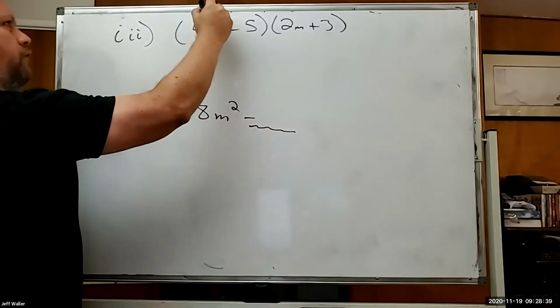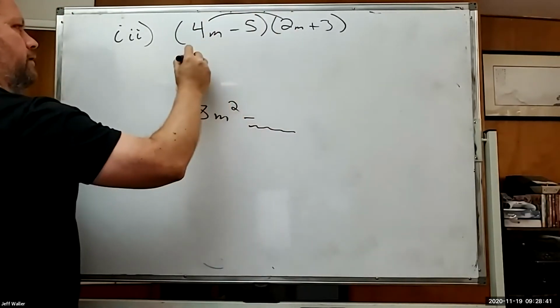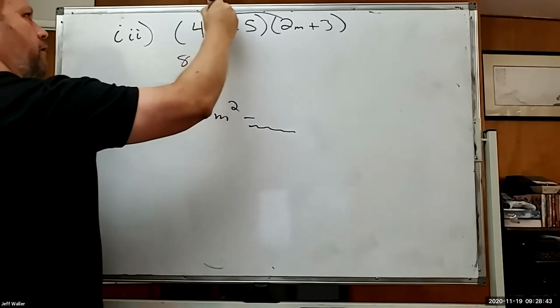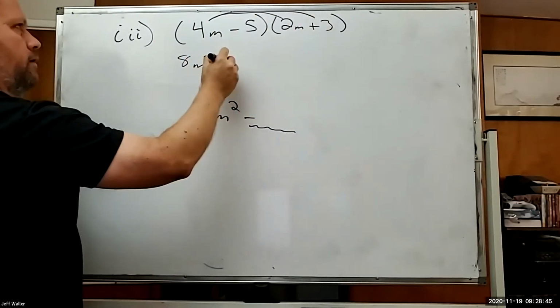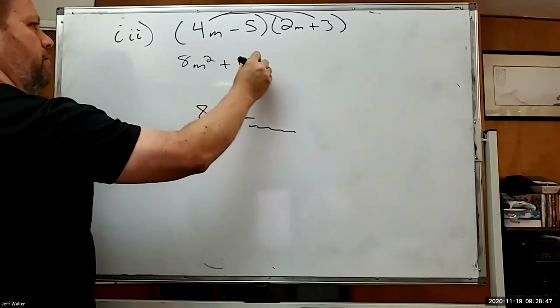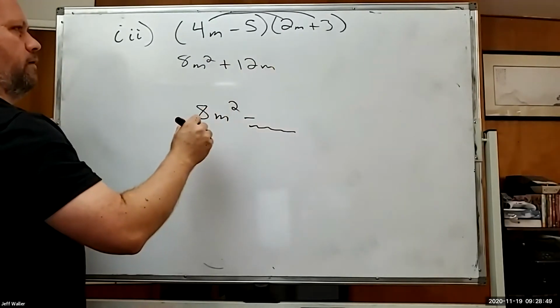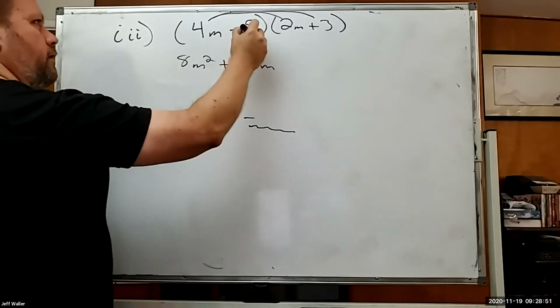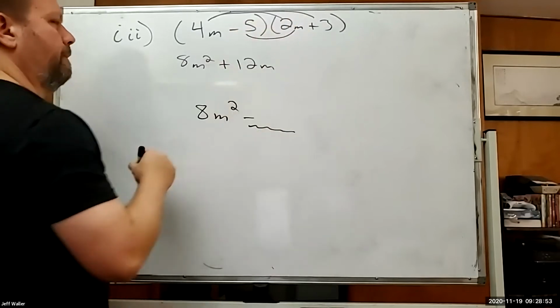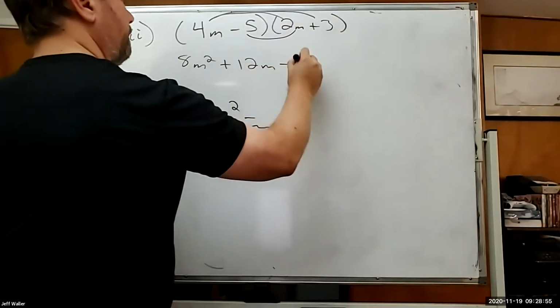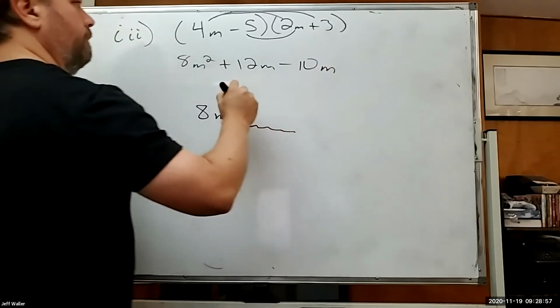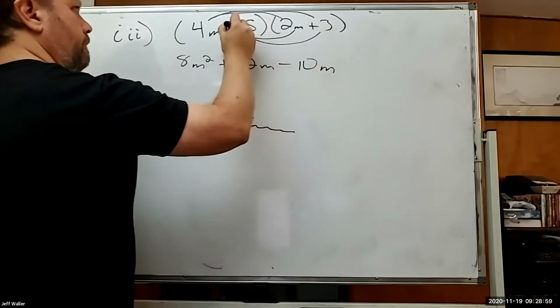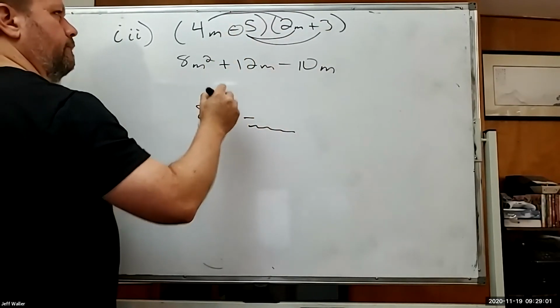Let's see. 4m times 2m is 8m squared. I agree. And then 4m times 3 is plus 12m. Plus 12m. Sorry. Plus, yes. And then 12m minus 10m plus 15. Oh, minus 15.